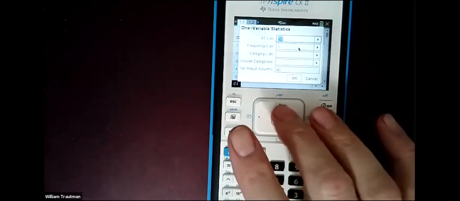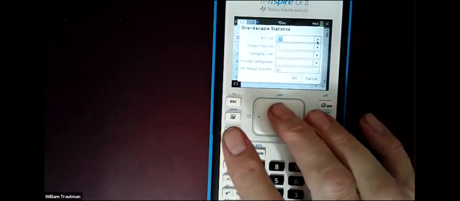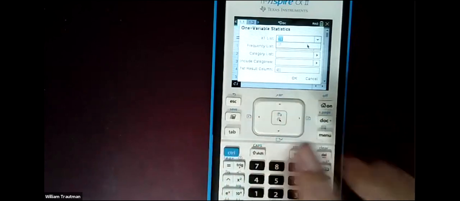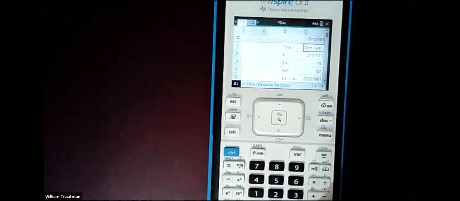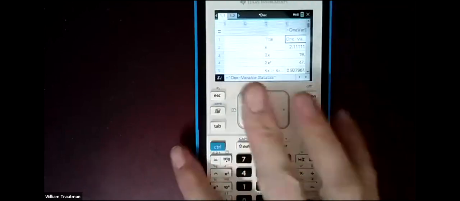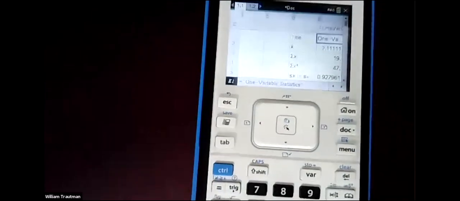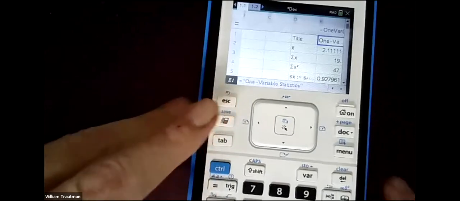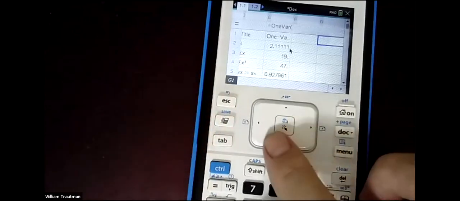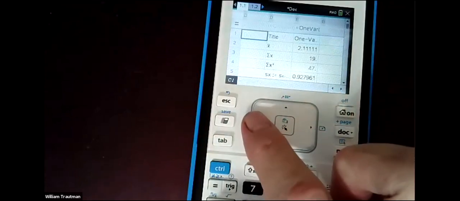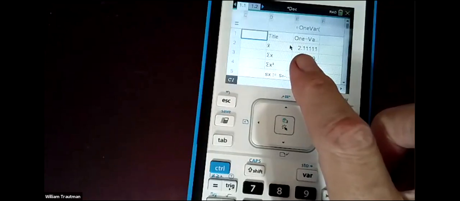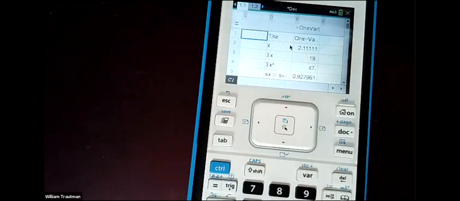And the list is going to be L1, the list I labeled it as. Then we hit enter or okay. Can I get it down more so I can see it better? There, that's a little bit better. If I arrow it over, you see right there is the mean, 2.11111. So that's what you should get.